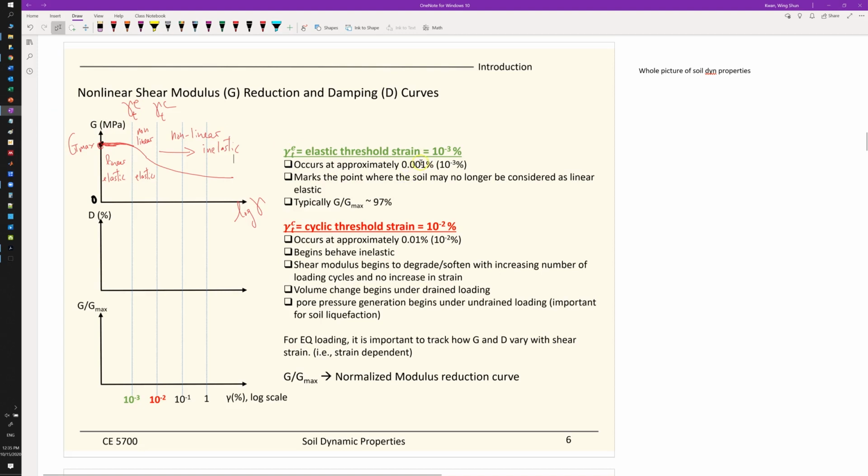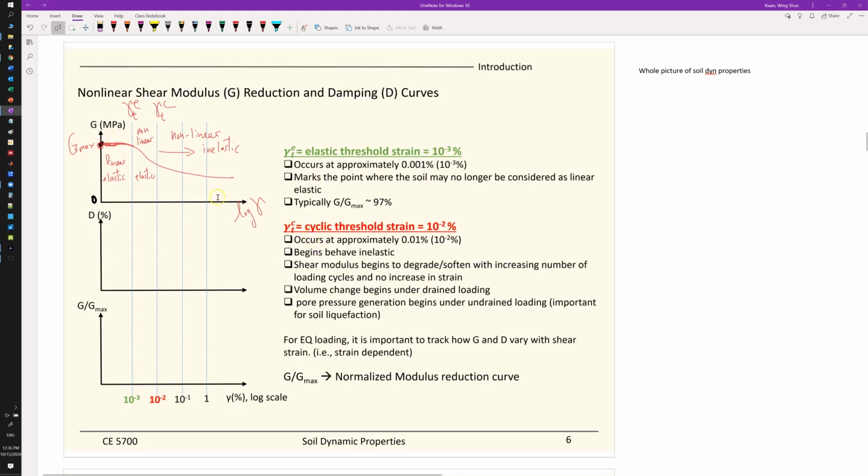It happens at a very small deformation of about 0.001% shear strain, and beyond this point, the soils will no longer behave linearly.